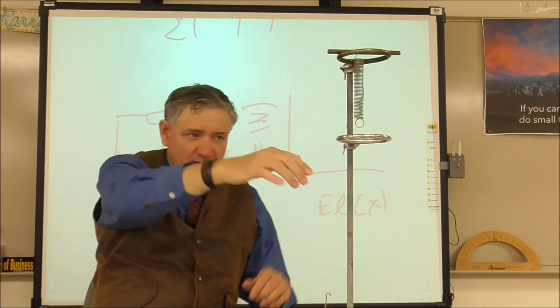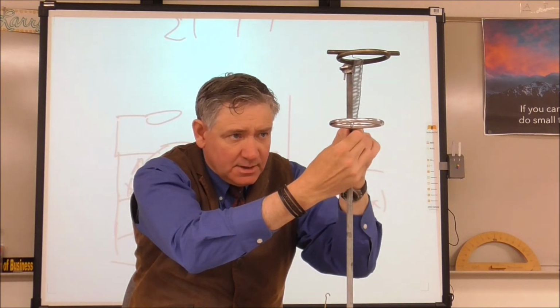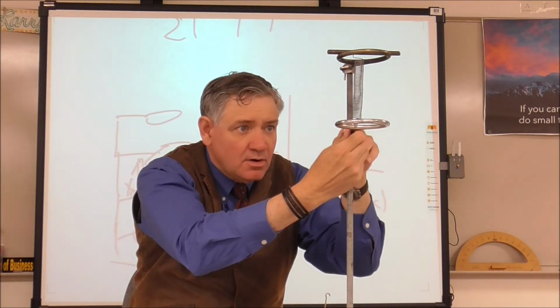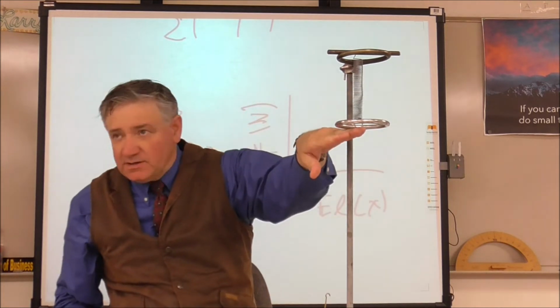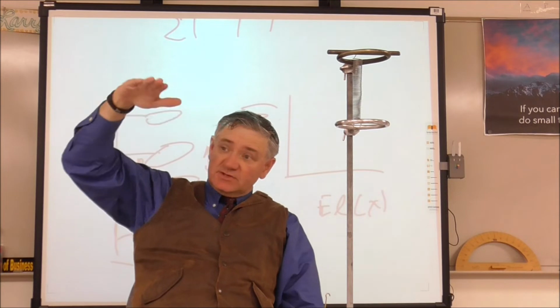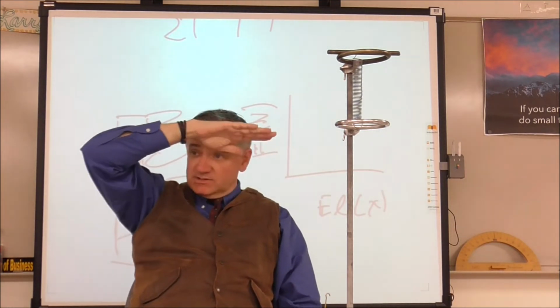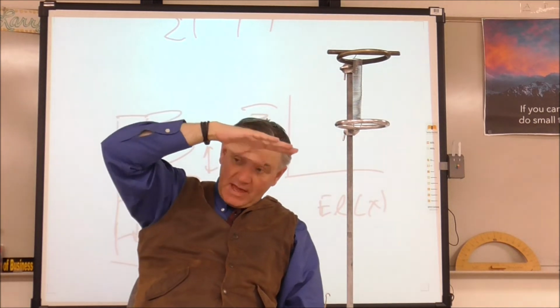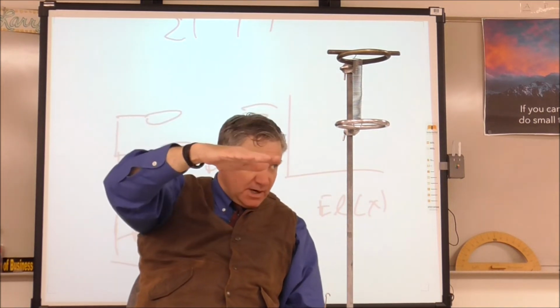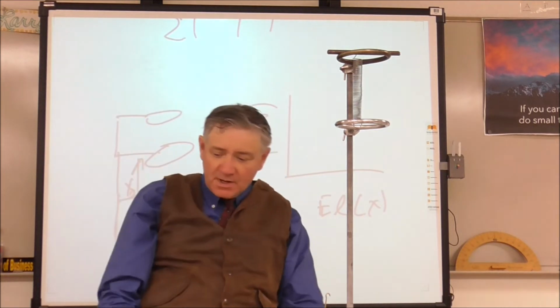You want to set the next ring down so that the bottom of that ring is level with the bottom of the hook. All this is going to do is serve as a visual reference for where the bottom of the spring is. Okay, so at that point, this is where the bottom of the spring is, because that's going to allow us to measure back to that point.